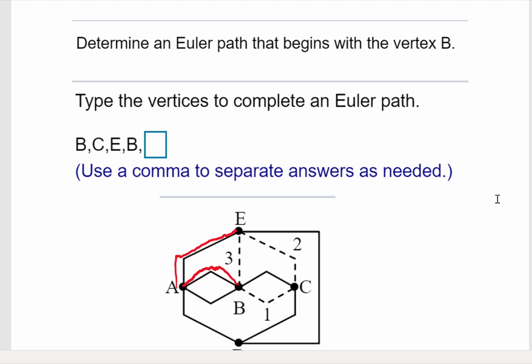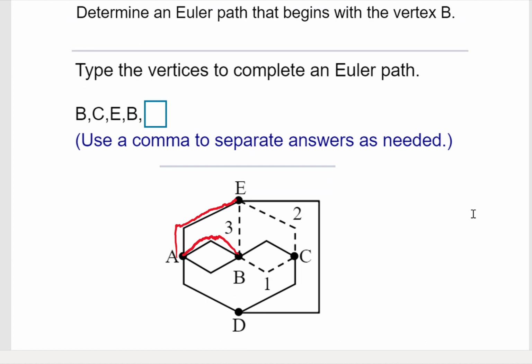And then from E, I'm going to go around to D. And from D, I'm going to go back up to A. And then I notice I can go ahead and finish on the interior here by going across to B, and then finally to C, and then lastly down to D. And again, notice that I end at one of the odd vertices.